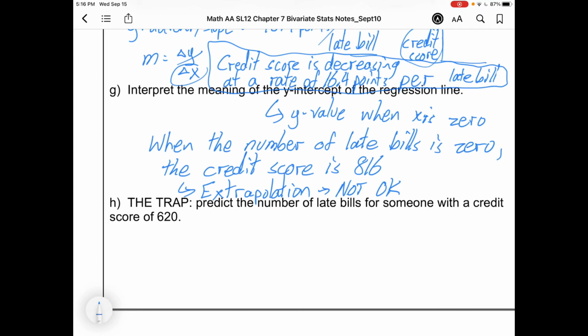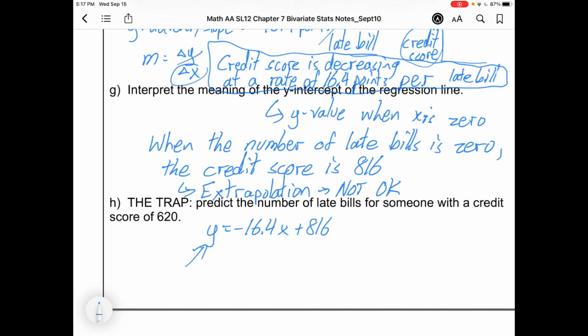Here comes the trap. Predict the number of late bills for someone with a credit score of 620. It seems like you should be able to just put in 620 for y and predict x. But generally, if we're going to make a prediction for something, we want it to go over here, and we want to be minimizing the squares, the residuals, for the thing that we're looking to predict.